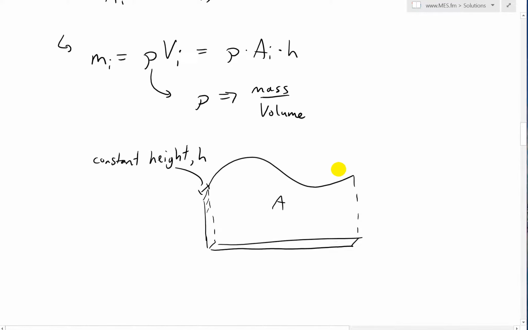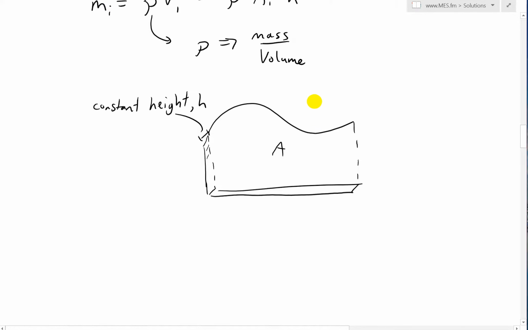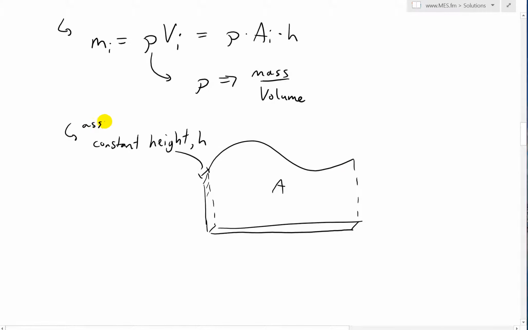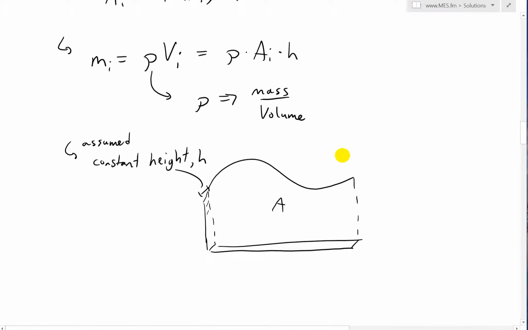So instead of dealing with the mass technically, let's just deal with unit mass, because in this example we weren't given a height or thickness, since it's assumed constant. So instead of mass per volume, we'll go for a unit density, where rho is mass over area, assuming it's 1 unit thickness.